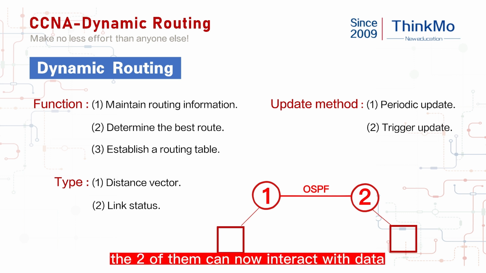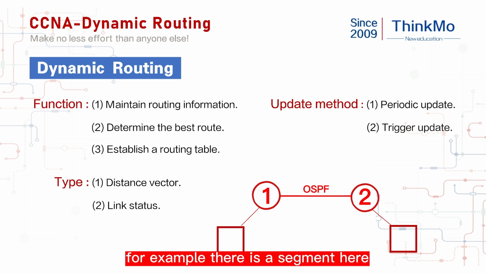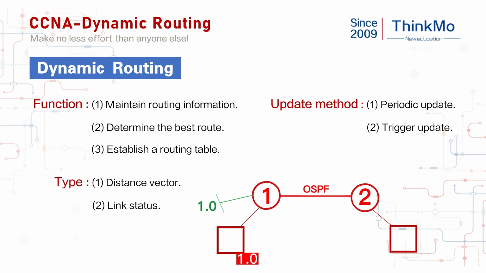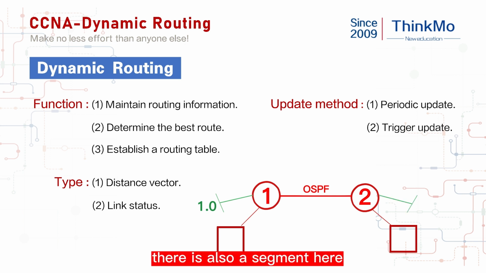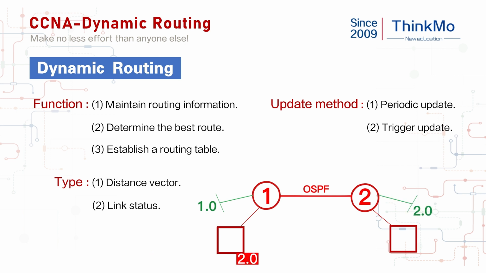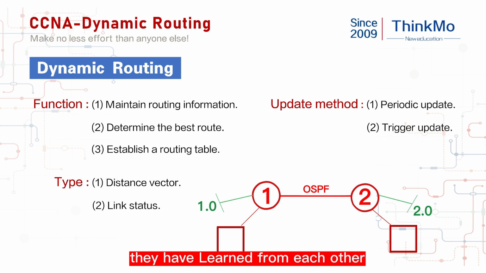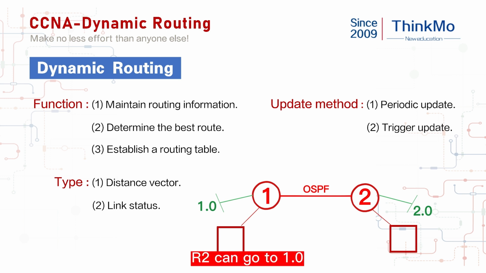The two of them can now exchange data. For example, there is a segment here, 1.0, and a segment here, 2.0. They have learned from each other. R2 can go to 1.0, and R1 can also go to 2.0.